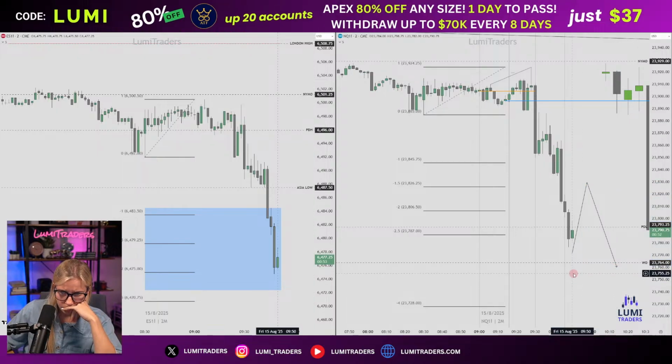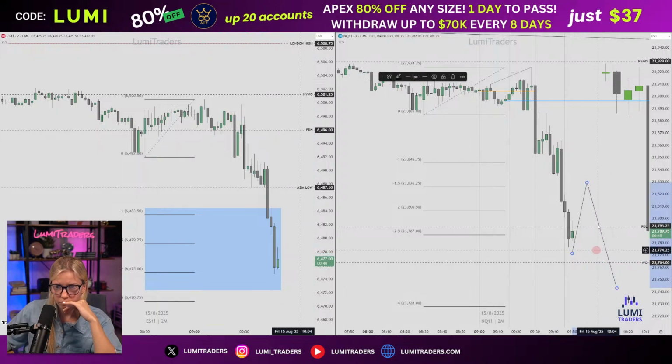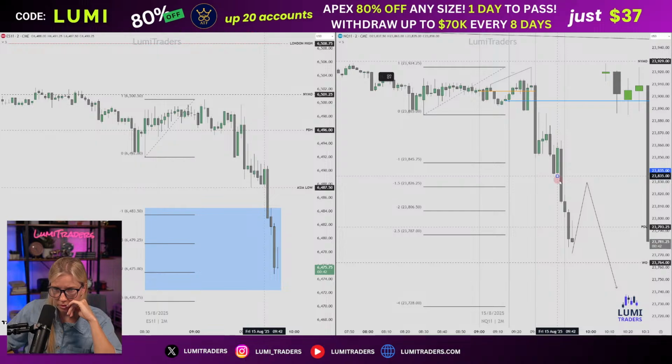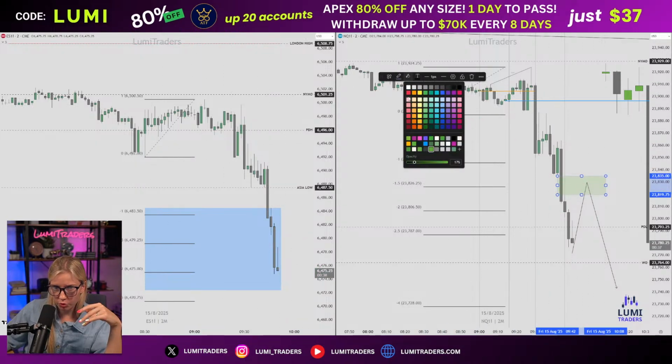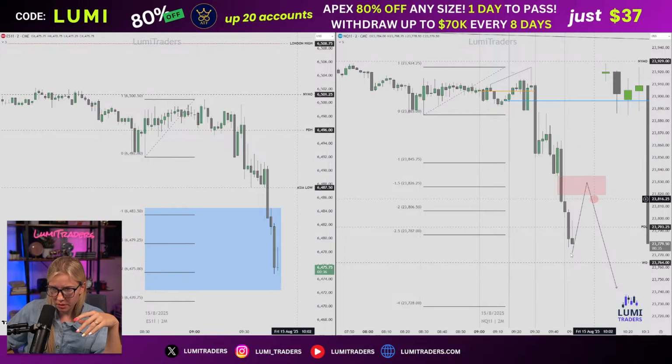Maybe. Watching the move to this fair value gap. Maybe we will not get this. Maybe it's just going to drop to the new week opening gap immediately.